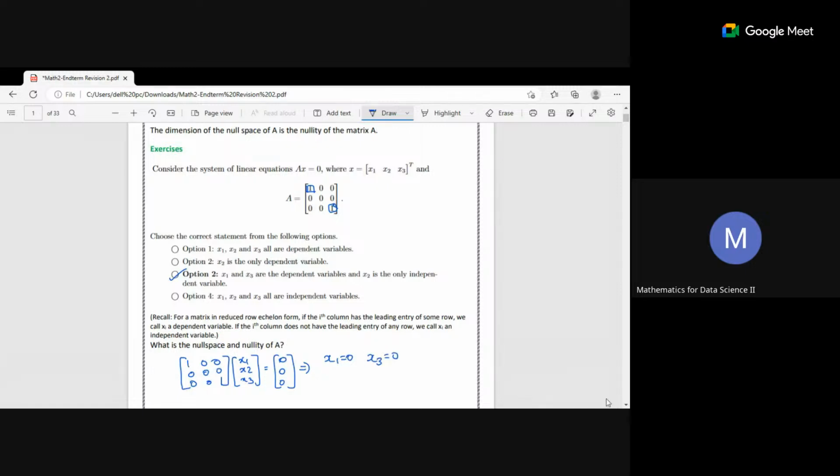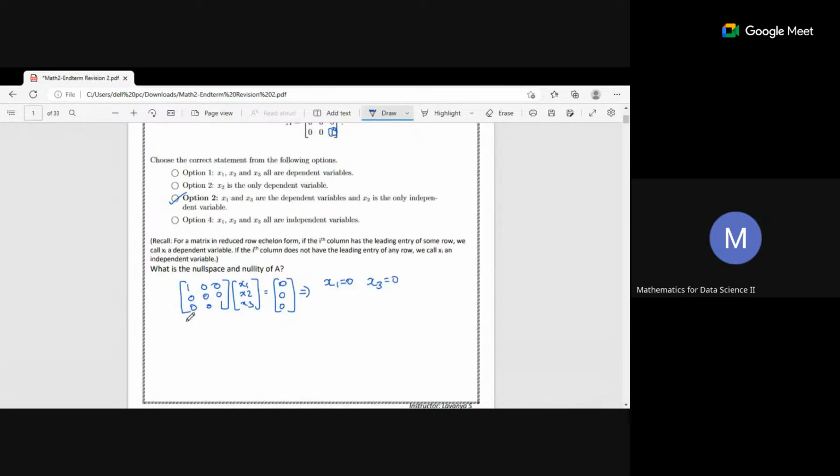So you only have x2 here. What is the null space of A? You can write it as (0, x2, 0), where x2 is in R, which is the same as span of (0, 1, 0).